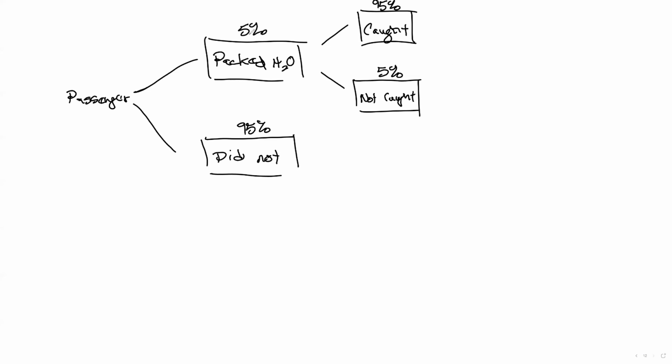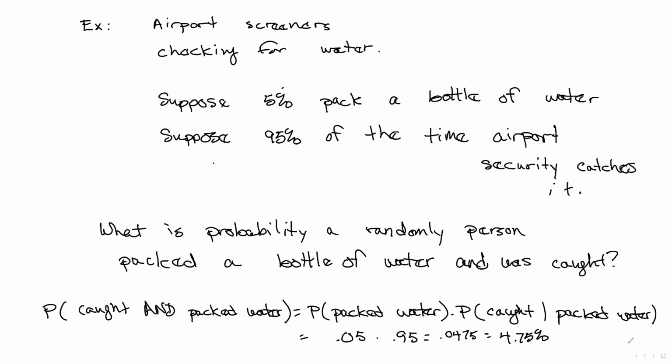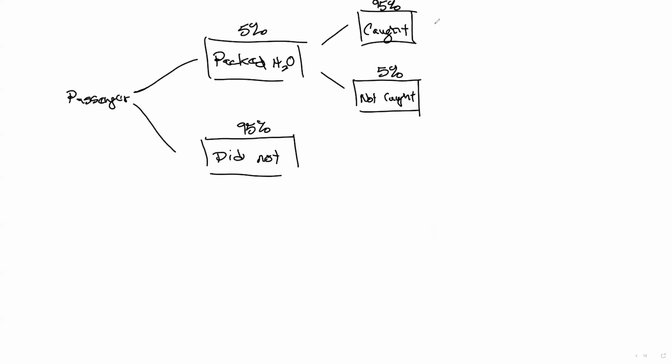So you multiply 5% times 95% to figure out this one. We've already done that calculation. What did we end up getting for that one? Wait, that doesn't look right. Hold on. Oh, no, that is right. That is right, 4.75%. It didn't look right.